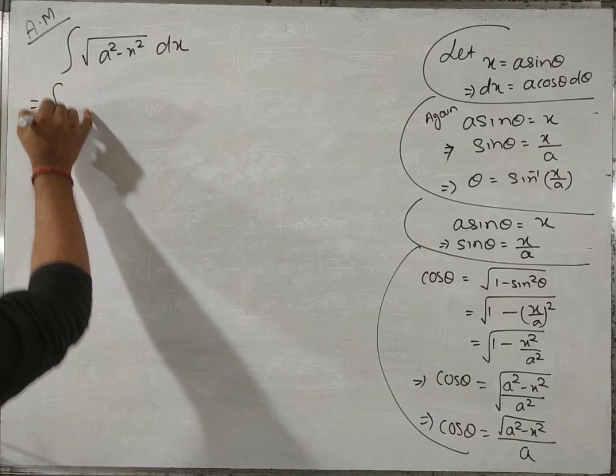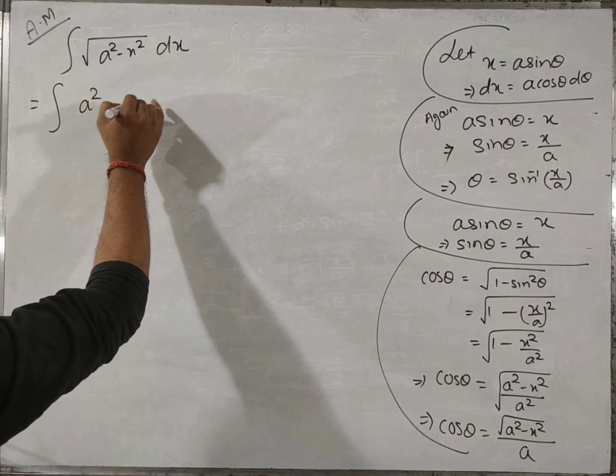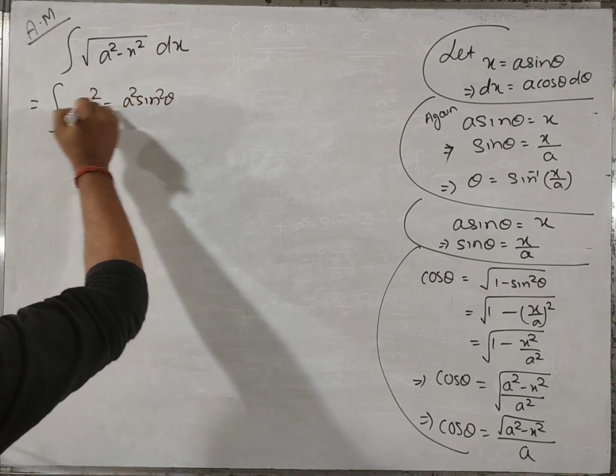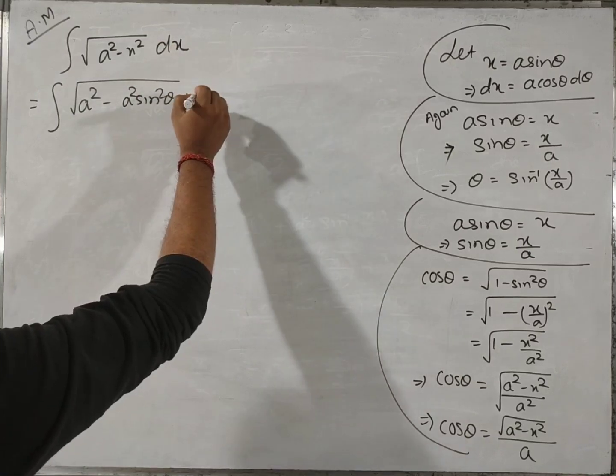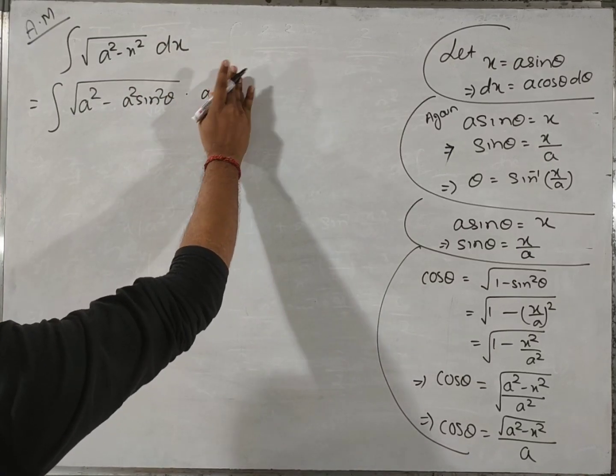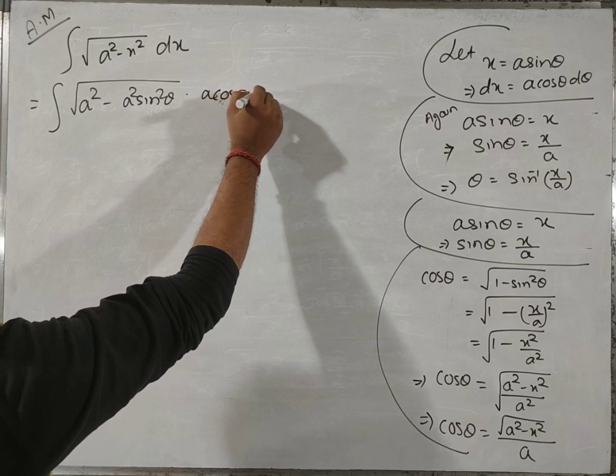So by putting these values here, a square minus a square sin square theta, and in place of dx we can put a cos theta d theta.